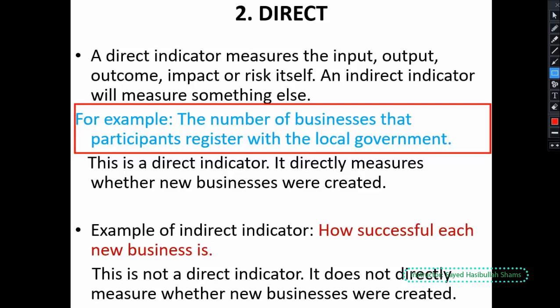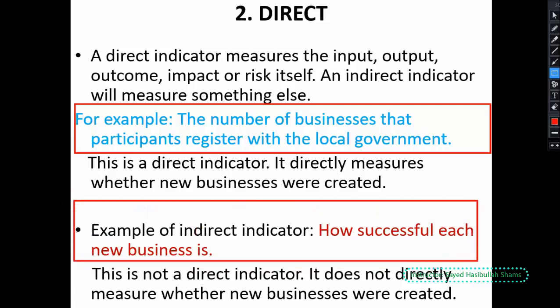For example, the second example is how successful each new business is. This is not a direct indicator, and it does not directly measure whether, when the new businesses were created, they were successful or not.